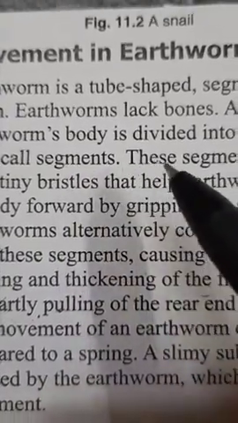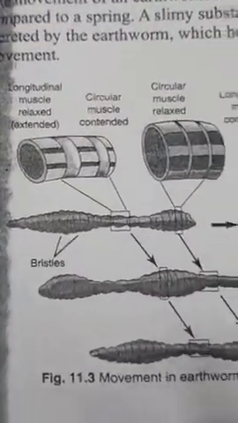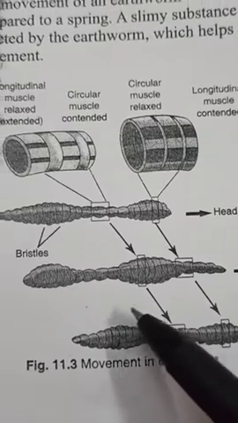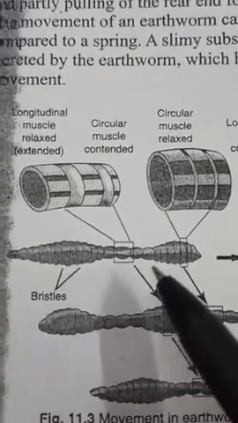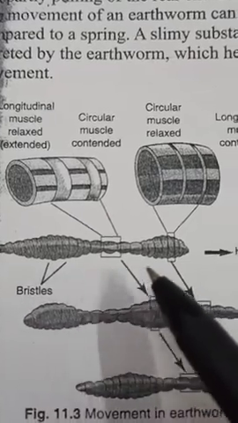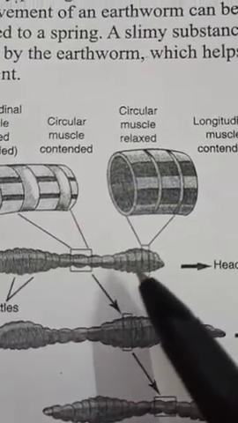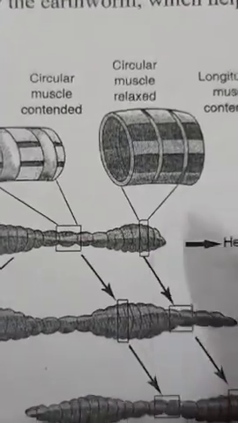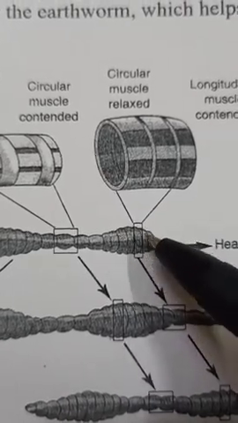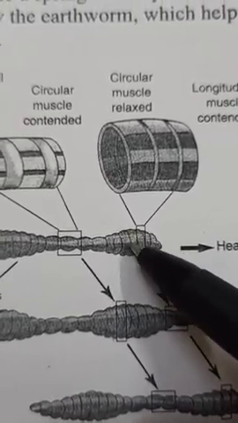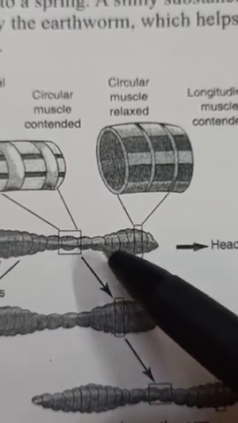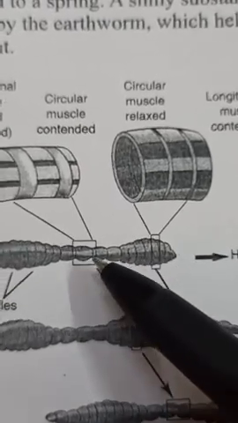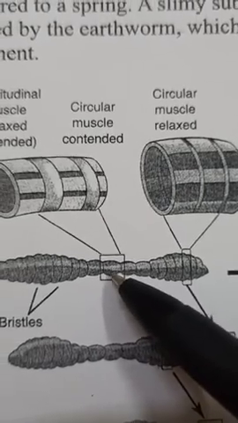Okay, so children, in this diagram I want to show you the body of earthworms, and its body is divided into small parts. You can see these parts. So these parts are called segments. This is a single part.